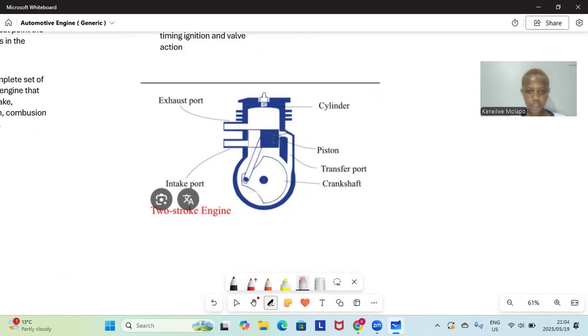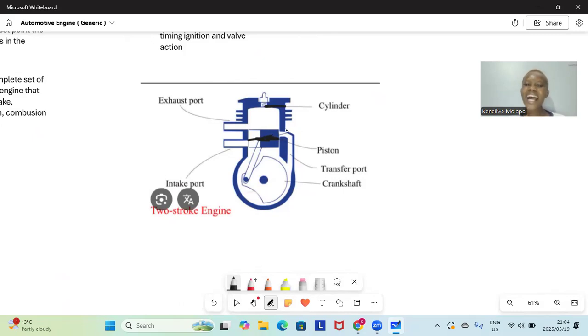So here you have your piston, and this is your cylinder. Now I have to explain the top dead center and the bottom dead center. The top dead center is the highest point that the piston reaches in a cylinder.